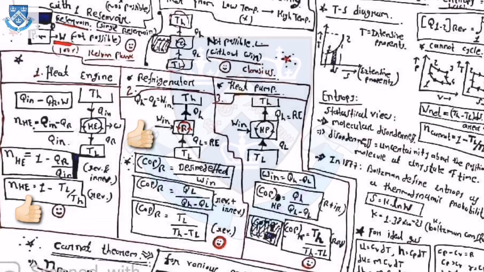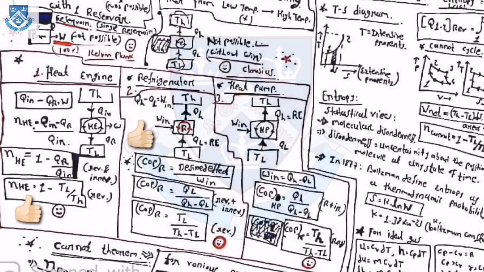After that, the refrigerator. For a refrigerator, COP of refrigerator is equal to desired effect upon work supplied, or you can say work input. So COP of R is also equal to QL upon QH minus QL, and COP of R is equal to TL upon TH minus TL for reversible only.